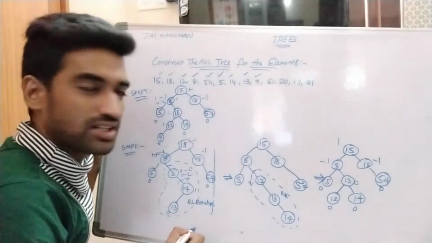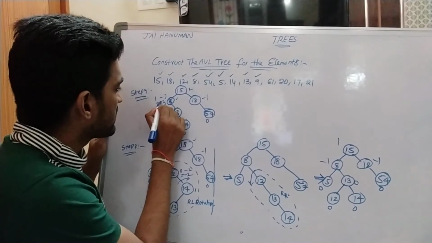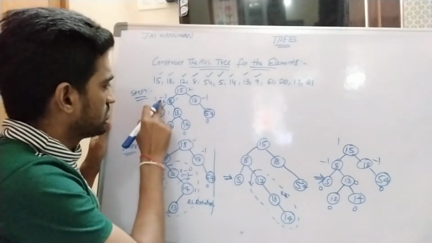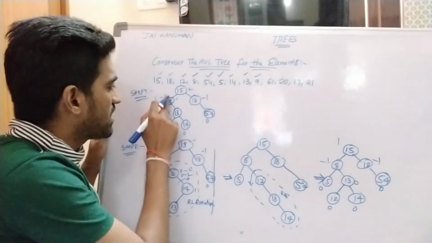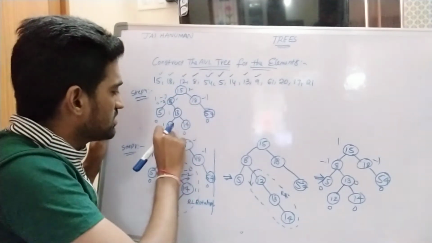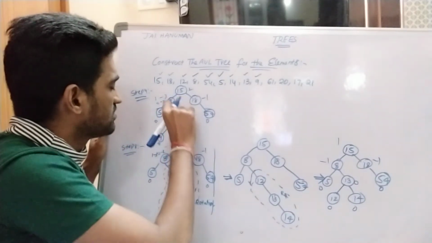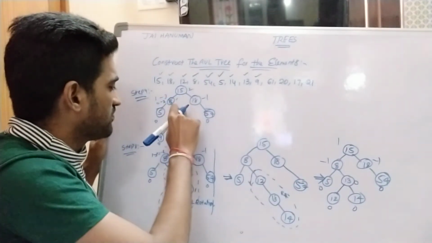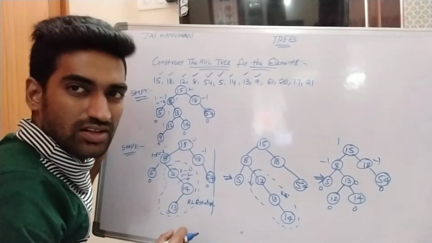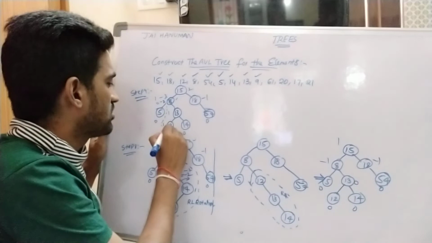So here the balancing property is violated at this node, with balancing factor minus 2. So the balancing factor is violated at node 8 by inserting 12 as well as 9 at right of left. So that's why the problem has occurred.